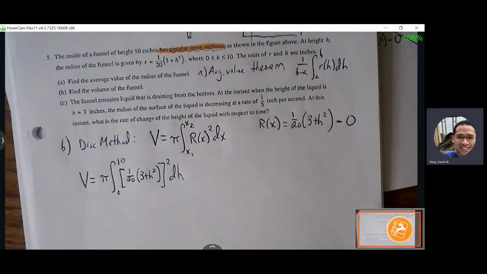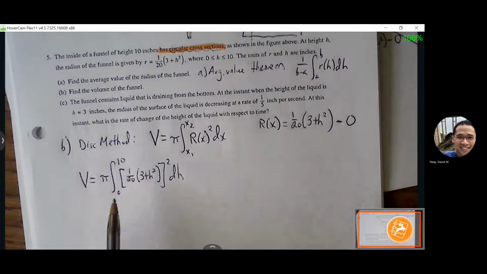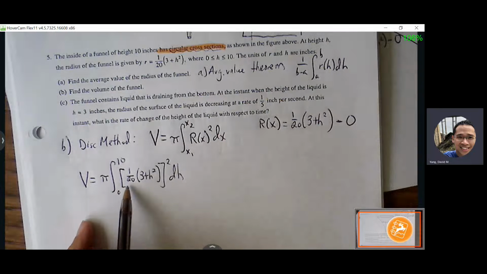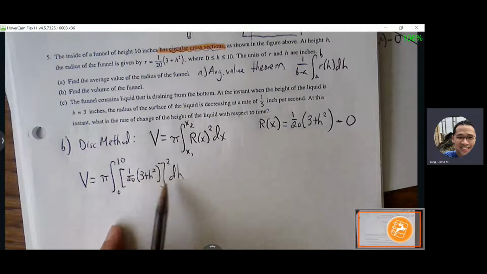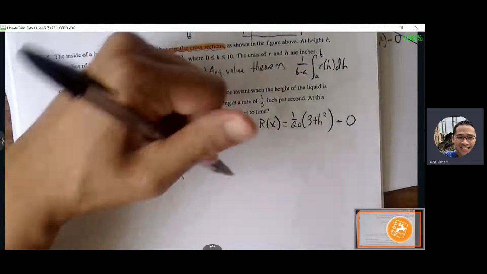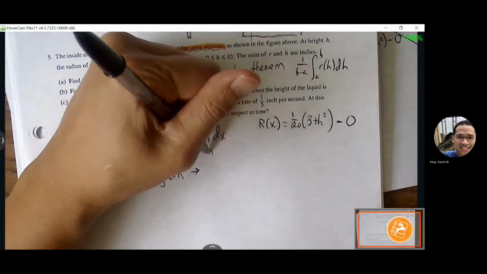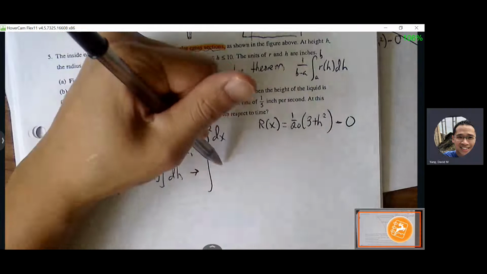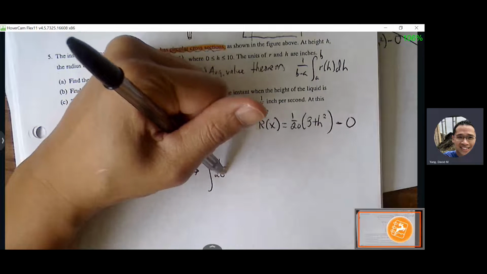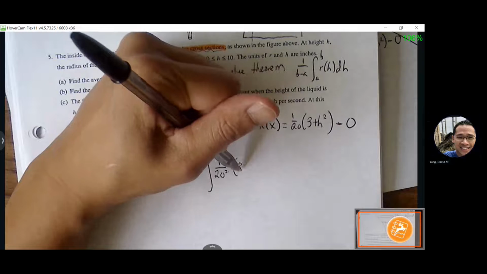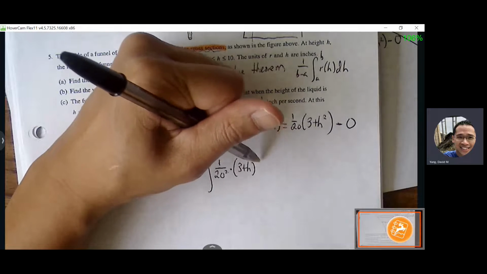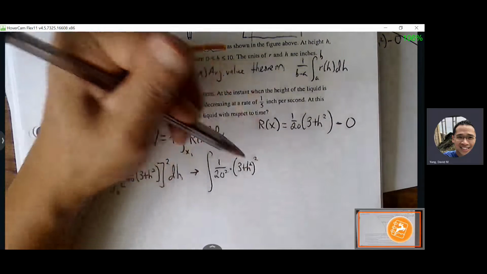Now, you would think that this is a calculator problem, but this is one that is asked to do by hand. So let's go through this process. I got to square everything here. 1 over 20 squared times 3 plus h squared squared.